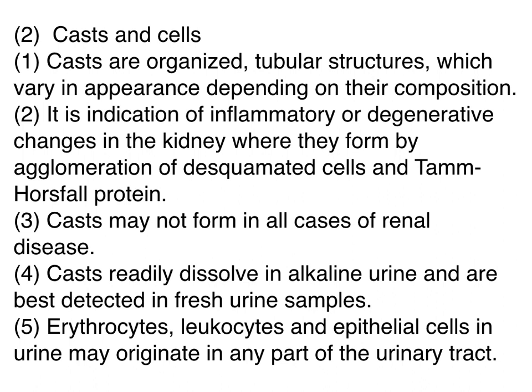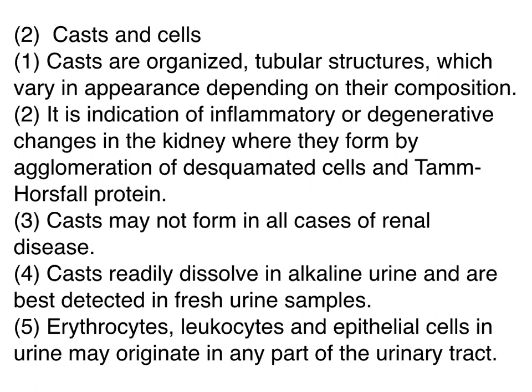Casts are organized, منظمة, tubular structures, دائما تأخذ شكل التيوب, the renal tubules اللي تتكون بداخله, which vary in appearance depending on their composition, وأيضا تختلف شكلها حسب المادة التي كونتها. مثلا الكاست أوف كالسيوم تختلف عن البوتاسيوم، تختلف عن الصوديوم، وبالتالي من خلال الأشكال المحددة وخلال فحص البول يجب أن نتعرف على أي نوع كاست موجودة في اليورين.